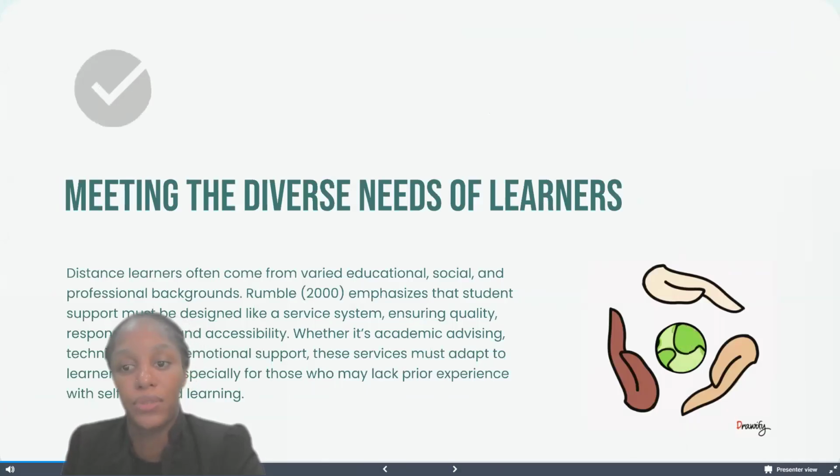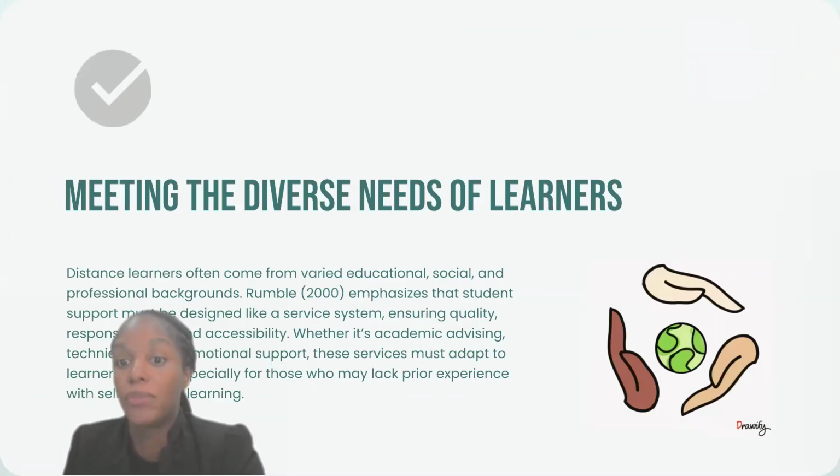A second importance of student support systems is that it helps meet the diverse needs of learners. Rumble 2000 emphasizes that student support must be designed like a service system, ensuring quality, responsiveness, and accessibility. Considering as well that distance education reaches a lot of students, addressing the nuanced needs is very important.